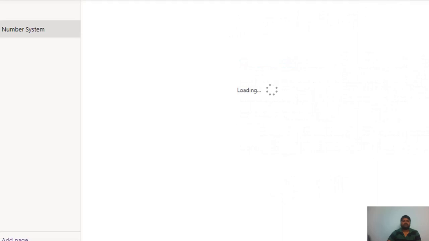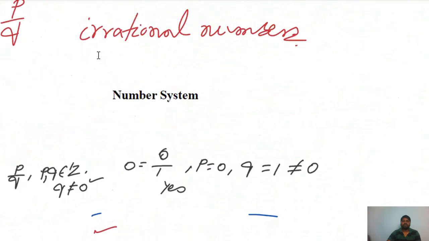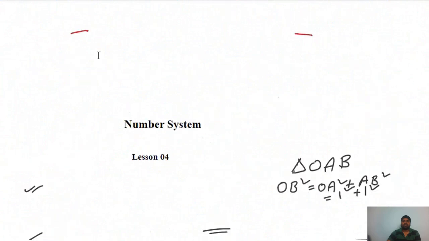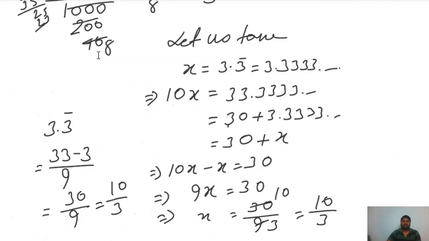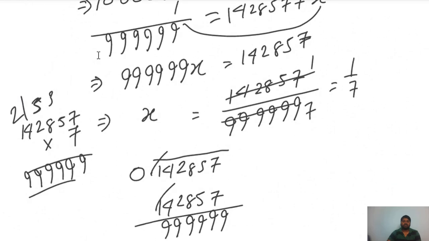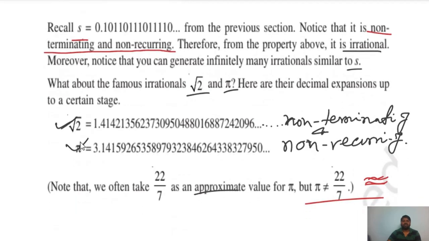Here we can see the terms non-terminating recurring, and this is called non-terminating, non-recurring. It is an irrational number. Root 2 and pi are non-terminating and non-recurring.